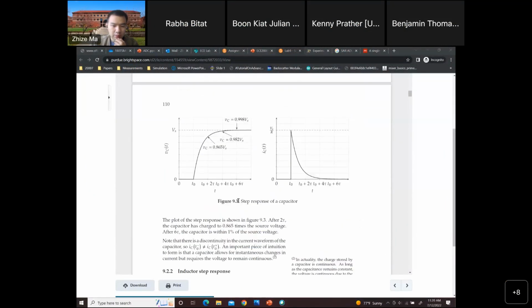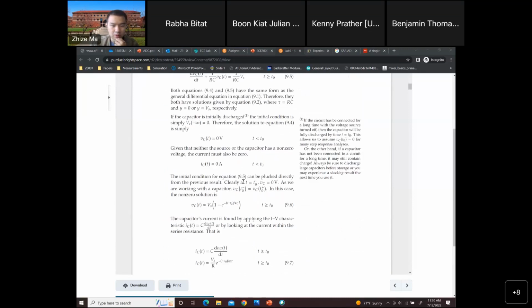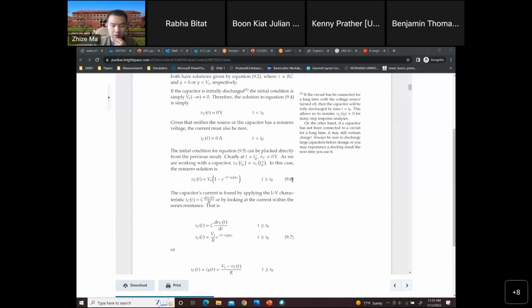Here, Figure 9.3 is the step response for a capacitor. The left one is the voltage response, and the right one is the current response. The plot follows equation 9.6.